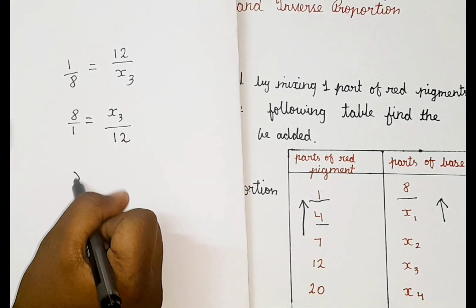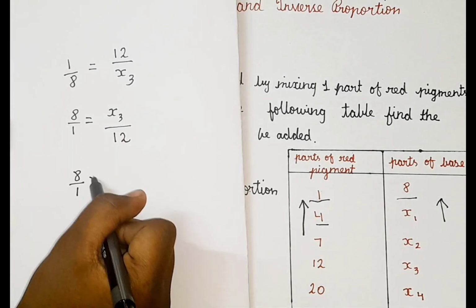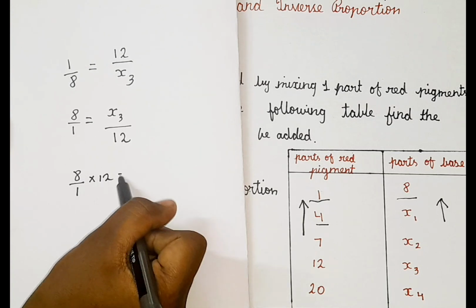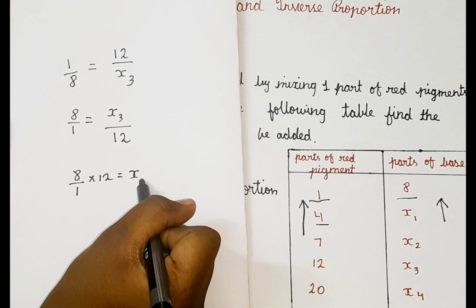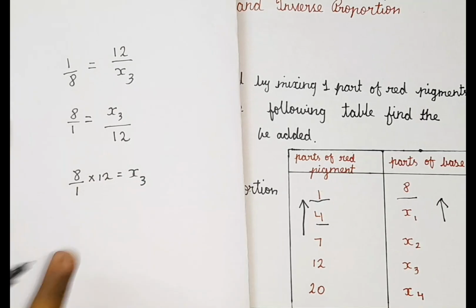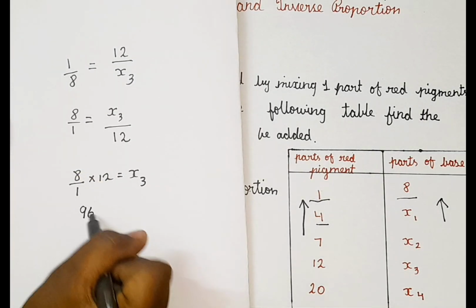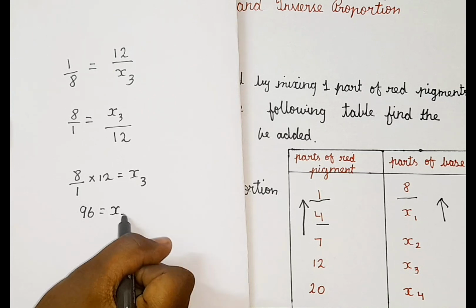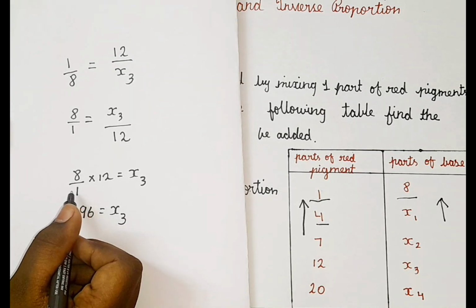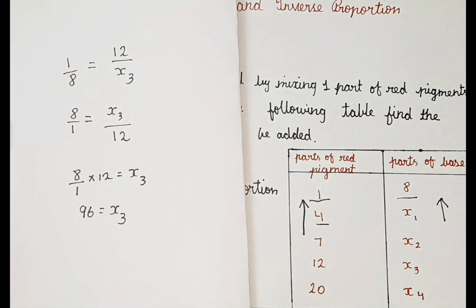Now 8 by 1 into 12 is equal to x3. Just multiply 12 into 8, which is 96. So the x3 value is 96. Why am I not including the 1? Because it's not having any value. 8 by 1 means the answer is 8, and 96 by 1 means the answer is 96.